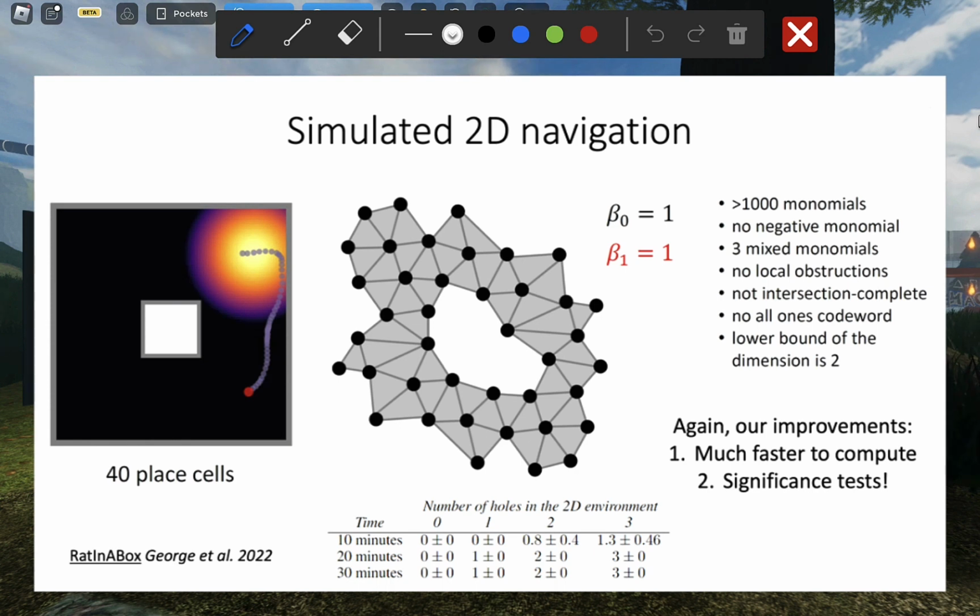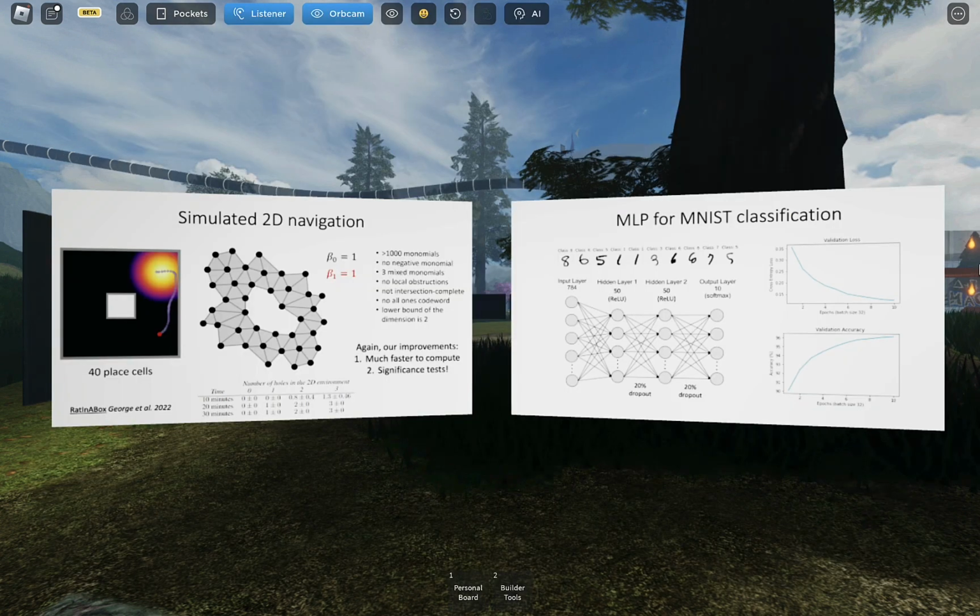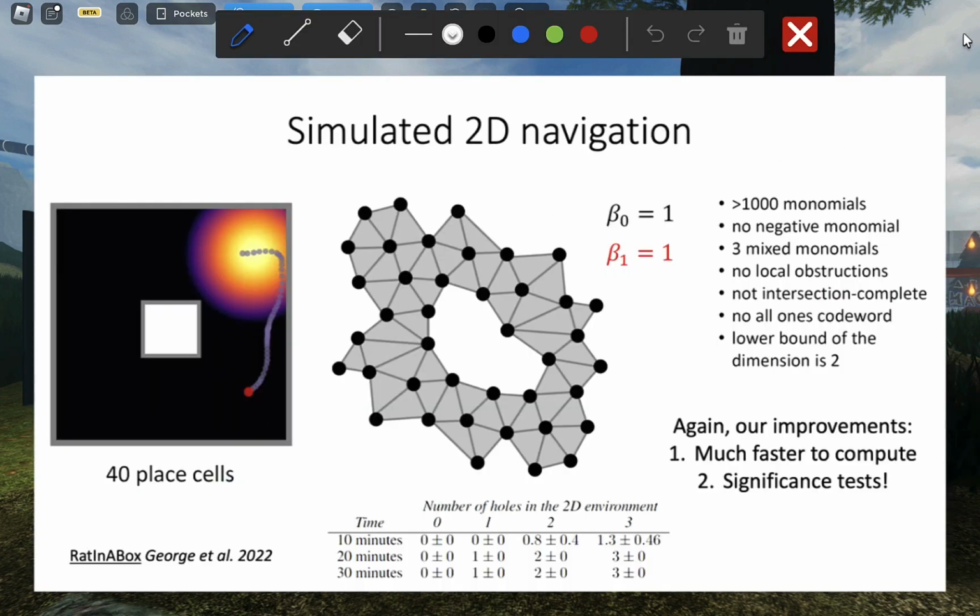And then we did the simulation for different amounts of time, like the rat running. Using our methods, we're able to compute how many holes this thing has, and it turns out after about 20 minutes of running around randomly, the rat can figure out there's a hole in the environment.